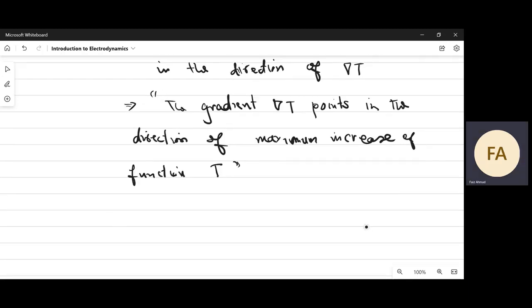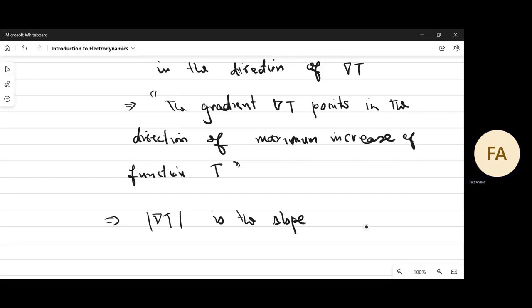And if we talk about the magnitude of delta T, then it is the slope along the maximum direction.